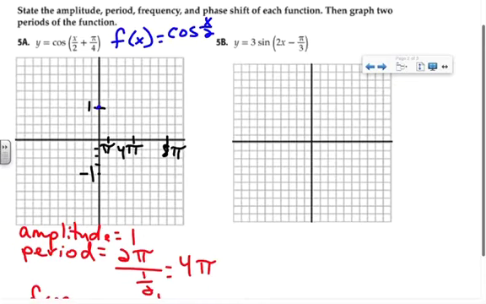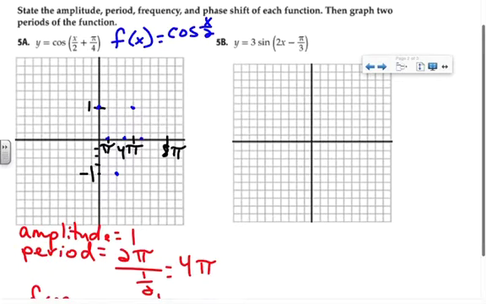Okay, so graphing my f of x in blue, I would have the function starting at a y-intercept of 1. It recycles itself after 4 pi. Halfway between those two maximums, I have a minimum. And halfway between my minimums and maximums, I have my x-intercepts. And I'm going to do the exact same thing after that 4 pi since the instructions ask us for 2 periods of the function.